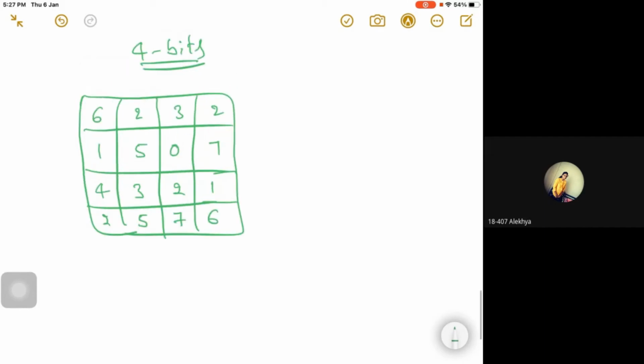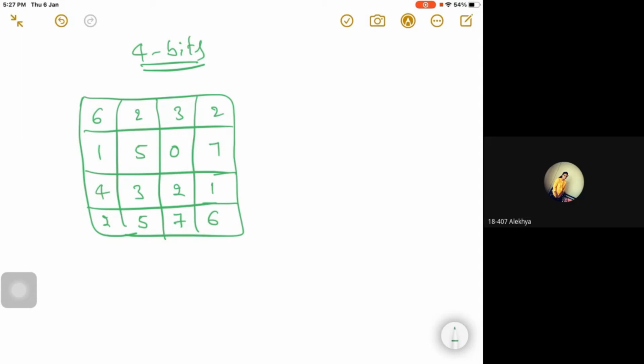Okay, no problem. If you want to represent using 4 bits, then each intensity value in the image has to be taken in its 4-bit representation. For example, for 0, the 4-bit representation is 0, 0, 0, 0. What is the maximum value in this image? 7.